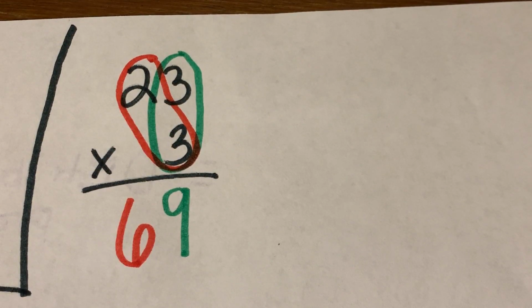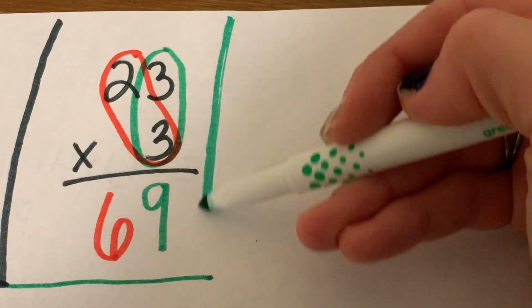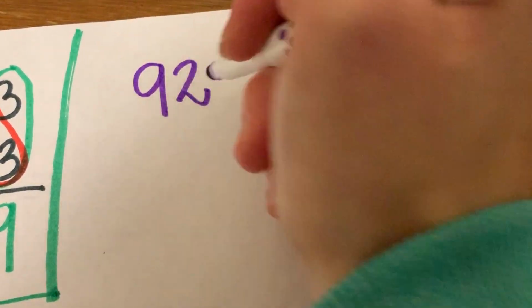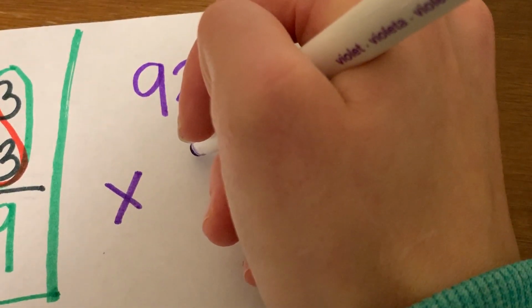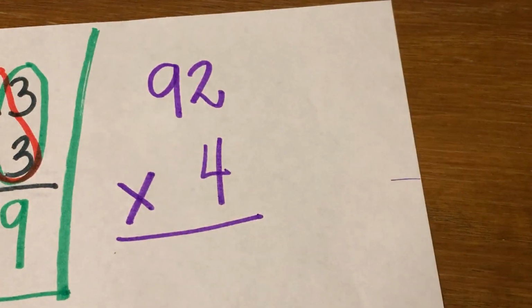So let's go ahead and do another one. Let's do 92 times 4. Okay.